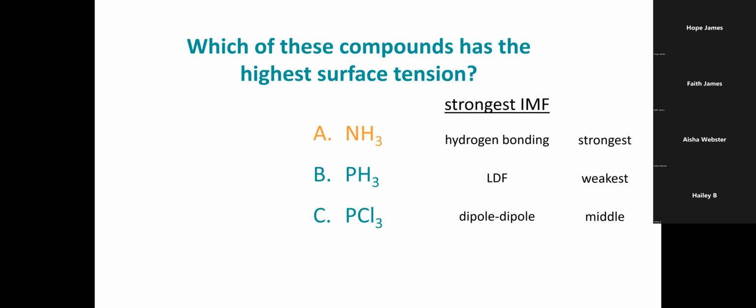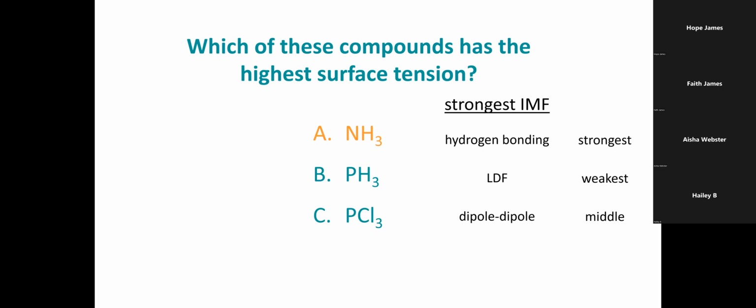All right, do you have questions on that one? So that's our goal here with these. We're starting to put it all together. We want to look at our compound and decide what kind of forces it has in it. In order to do that, you need to know something about its structure. What elements are bonded to what other elements?